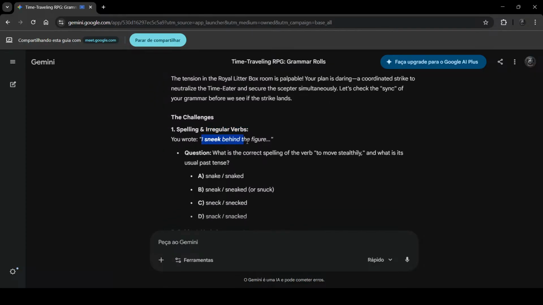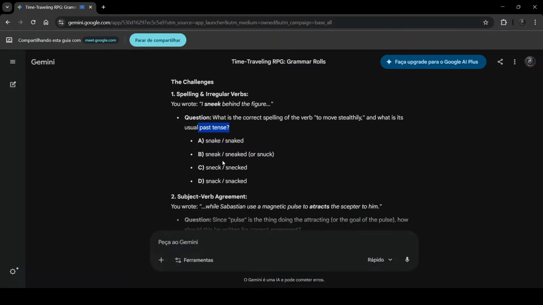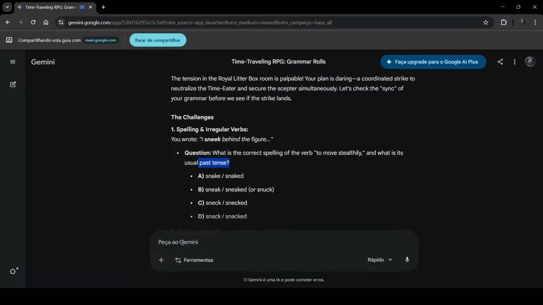You wrote, I sneak behind the figure. Question, what is the correct spelling of the verb to move stealthily? And what is its usual past tense? Should be present tense, but it's okay. It wants you to see what is the past tense of it. So, one, what is it?